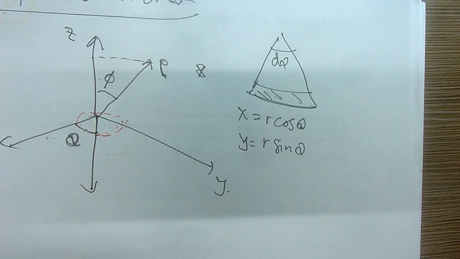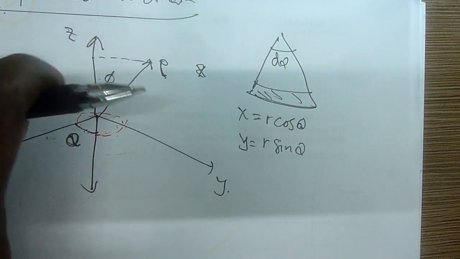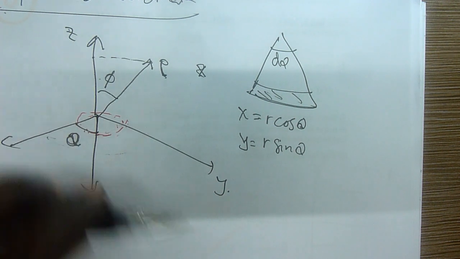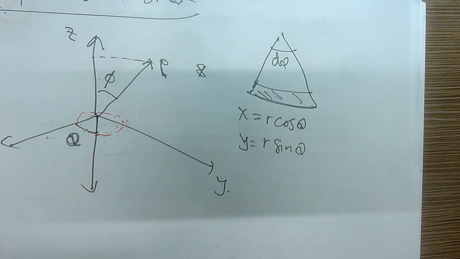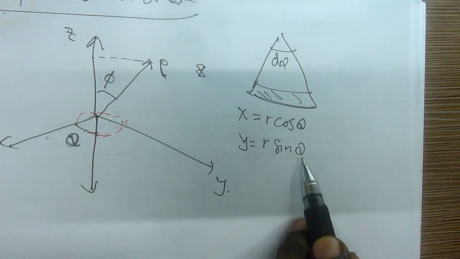Now what are we going to bring here? Look at this one. When I bring from this side to here, the logic is that what you bring down here is R cos theta, R sine theta.